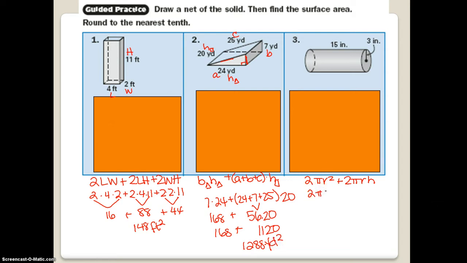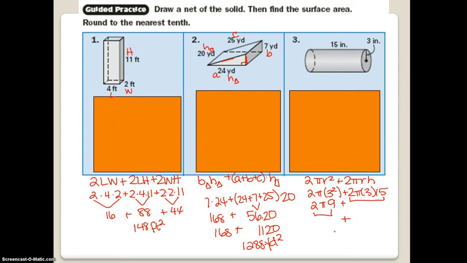2 pi r is 3 squared plus 2 pi r is 3, h is 15. So do the square first. 3 times 3 is 9. Then all you have to do is you can multiply this side together, multiply this side together, and add.